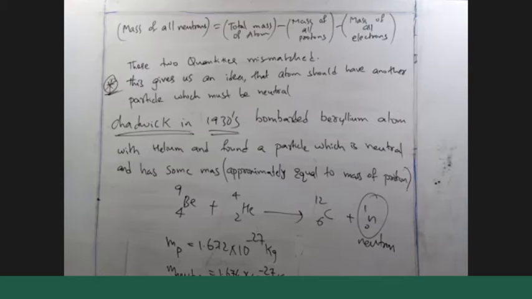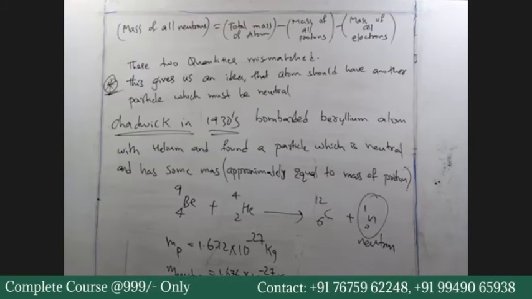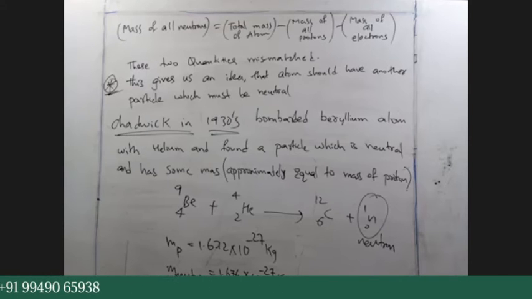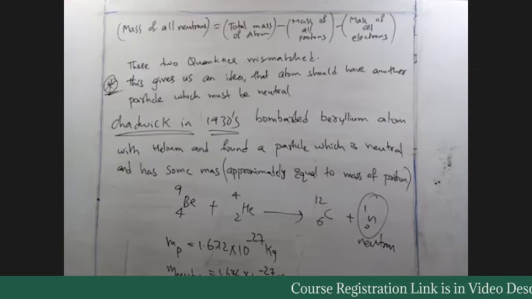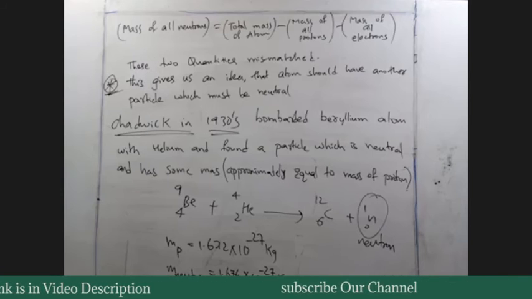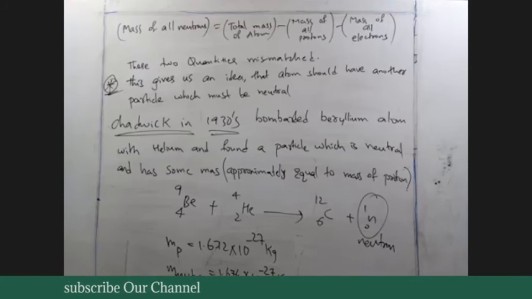And of course, the neutrons are present inside the nucleus. That we'll discuss in Rutherford's model of an atom. People say Rutherford's model is somewhat similar to the solar system model. What are the difficulties we are going to face? We'll look at that tomorrow.